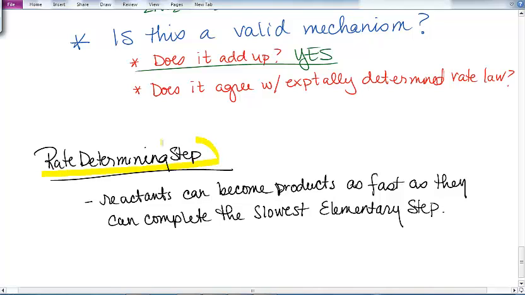Which means the rate determining step is the slowest elementary step.